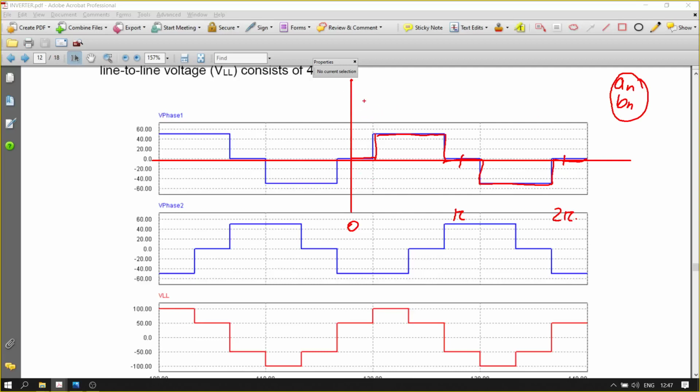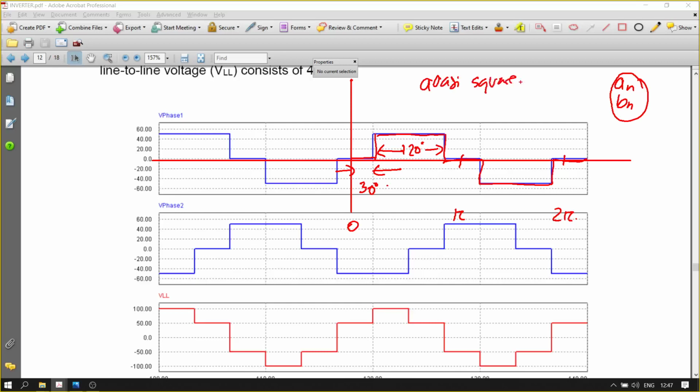So in this case, if you put this at 30 degree here, so that from there to there is 30 degree, then you have 120 degree again from here to there. So you will get a quasi square waveform.